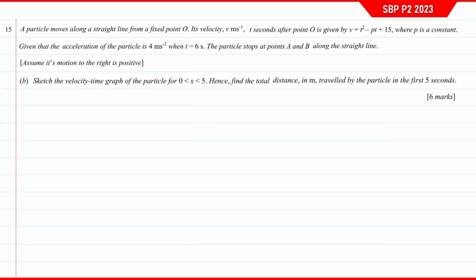Question B. Sketch the velocity-time graph of the particle for t between 0 and 5. Hence, find the total distance in meters traveled by the particle in the first 5 seconds. Based on the equation of the velocity, this is a quadratic graph.